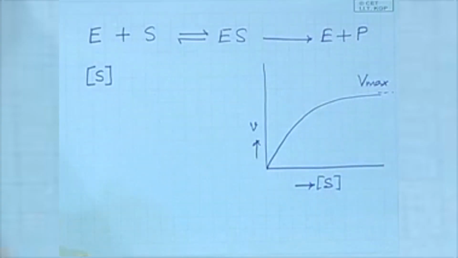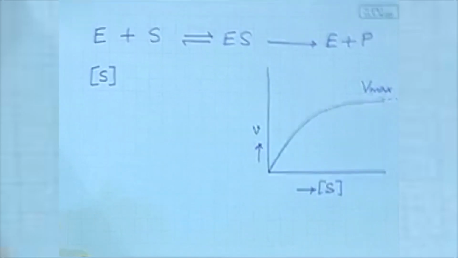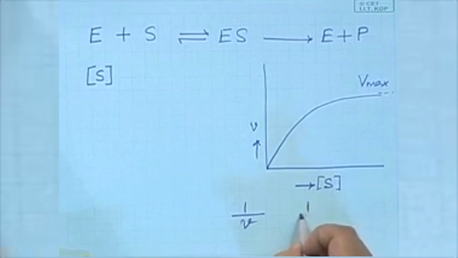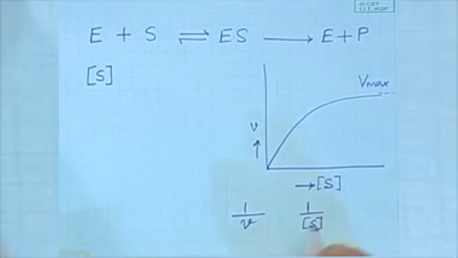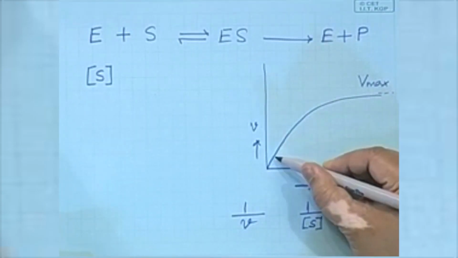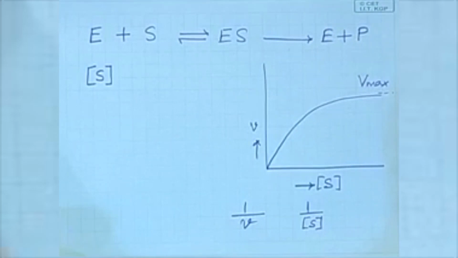Now, if I want to plot the Lineweaver-Burke plot, what do I need? I need 1 by V, I need 1 by S, right? Now, as I go beyond here, my reaction is no longer first order, it gradually becomes zero order.